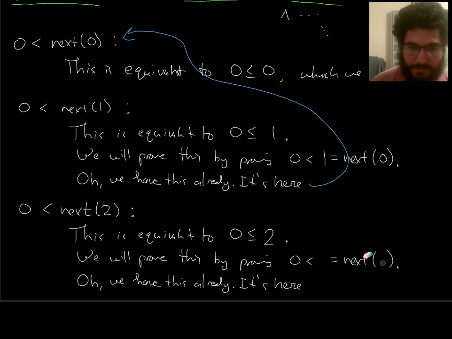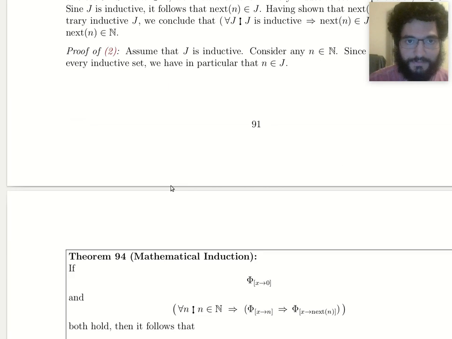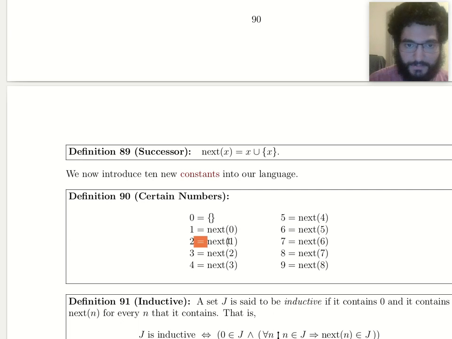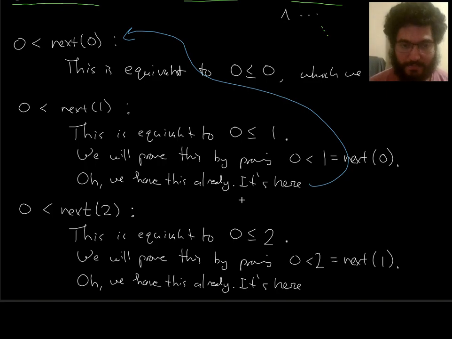Probably 0 is less than 2 is the way we're going to do it. So 0 is less than 2. 2, by the way, is the next of 1, right? That's the definition of 2. Oh, we do actually have this already. 0 is less than the next of 1. It's right here.